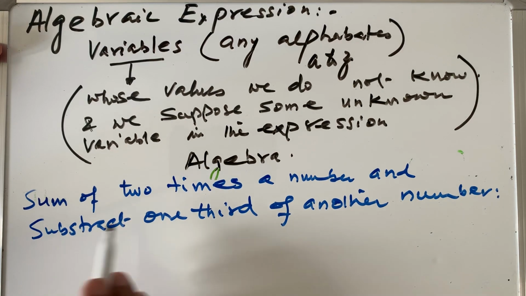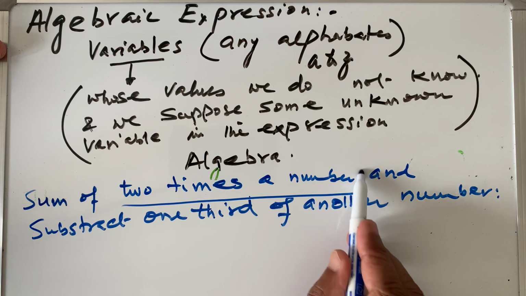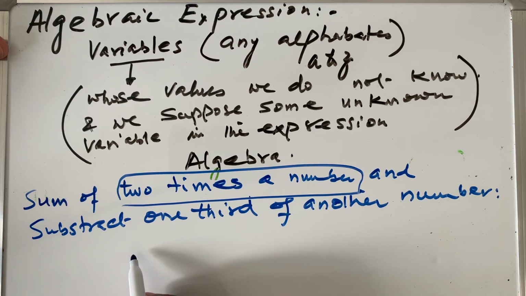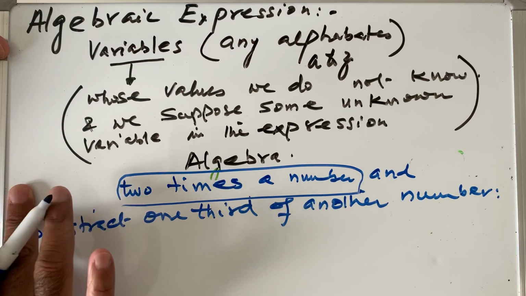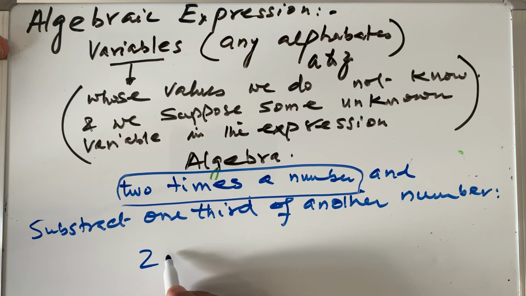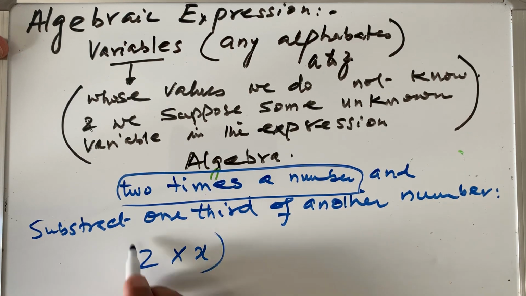Now, sum of 2 times a number. 2 times a number is 2 times x, and subtract 1/3 of another number.